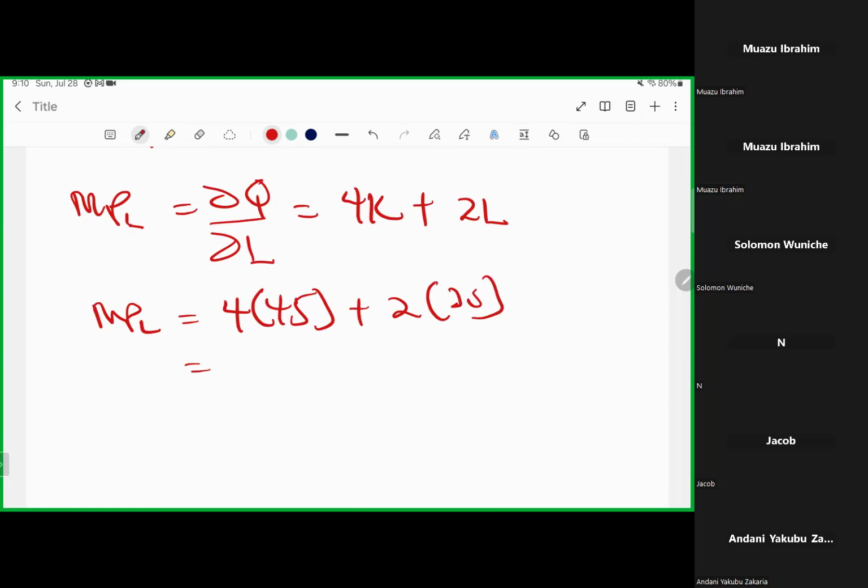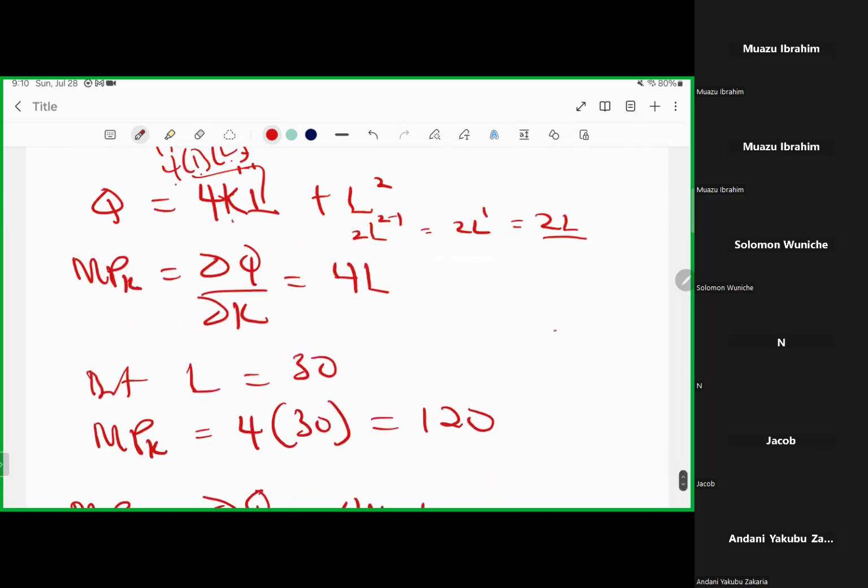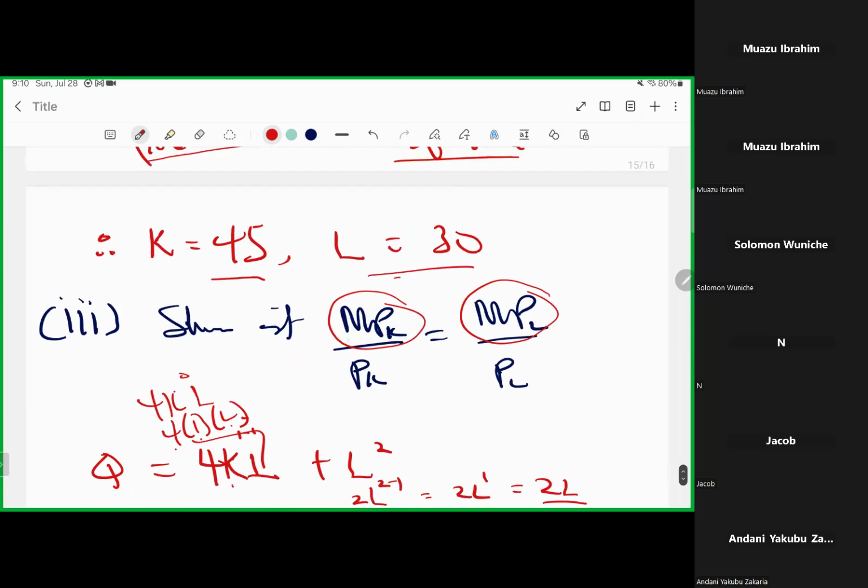So what will you get? 4 times 45, you will get 180, plus 2 times 30, you will get 60. So 180 plus 60, you will get 240. This is the marginal product of labor.